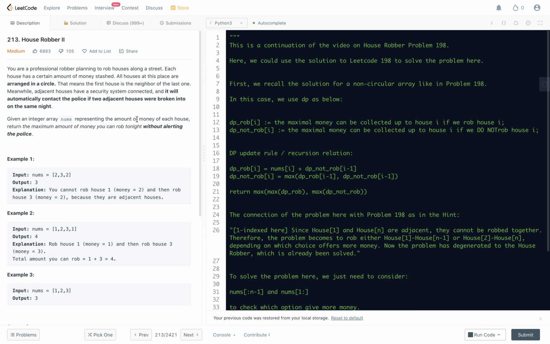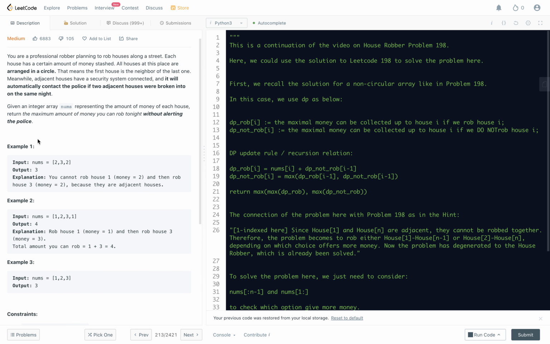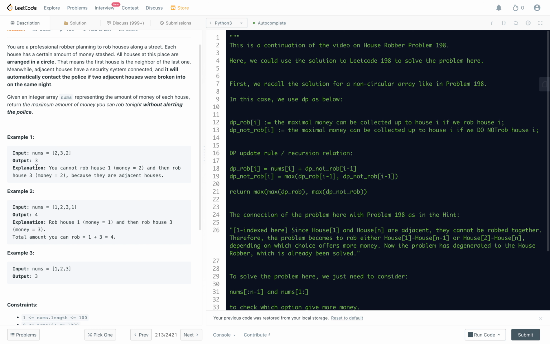So the question again is, given an integer array nums representing the amount of money of each house, return the maximum amount of money we can rob tonight without alerting the police. So the difference is that the head and tail are regarded as neighbors in this problem.